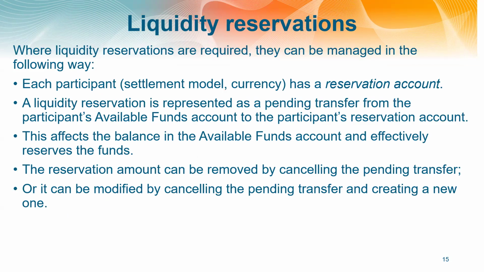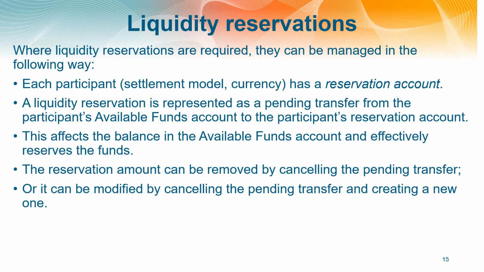The idea of a reservation against the net debit cap is that a pending transfer will be issued from the available funds account to a reservations account, or could be any account. And that effectively means that although those funds have not been posted away from the account, they are not counted in the balance.